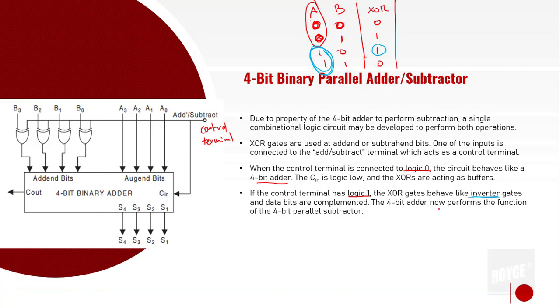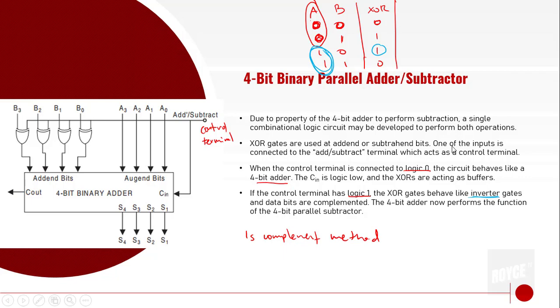Okay? So, therefore, pagka naka-logic 1 pala yung control terminal, this circuit will act as a subtractor. And this subtractor will use the 1's complement method. Okay? So, this is a 4-bit binary parallel adder / subtractor.